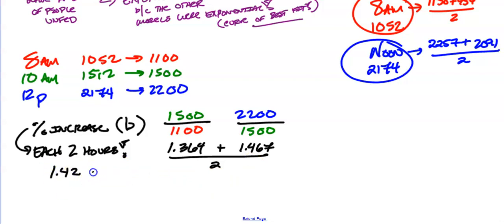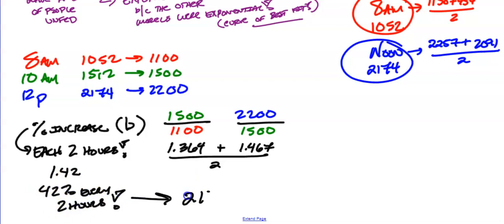So it goes up by 42% every 2 hours. We want every hour, so we just halve that, which is going to be a 21% increase each hour, of tacos.